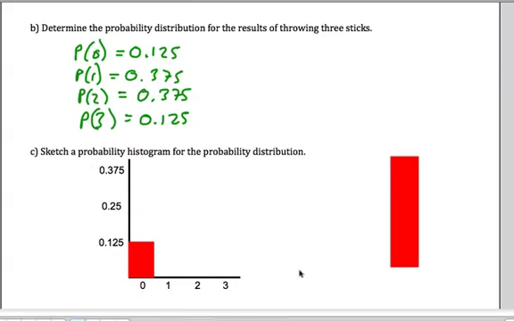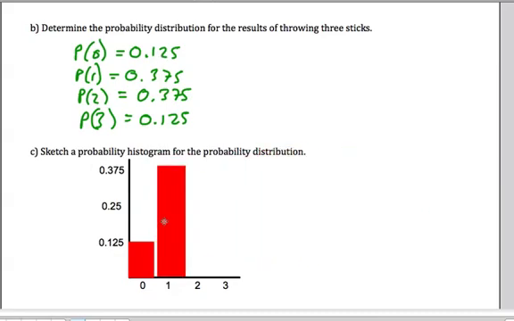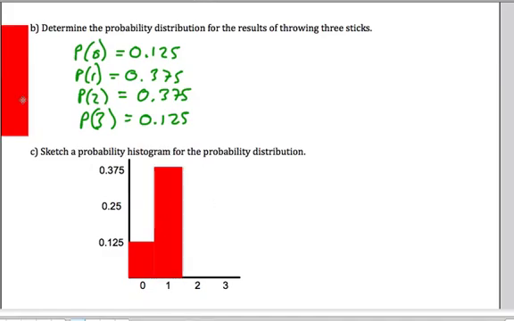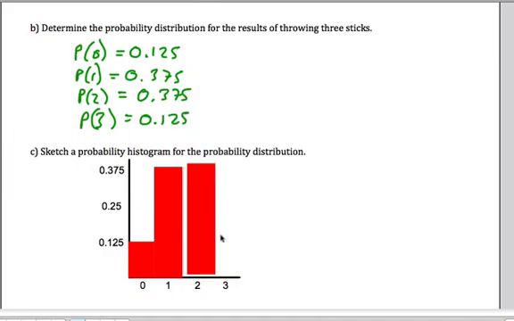So for 0 stripes, as I said, the probability is 0.125. For 1 stripe, it's 0.375. And for 2 stripes, it's the same probability.